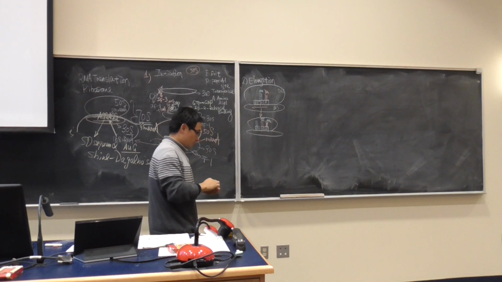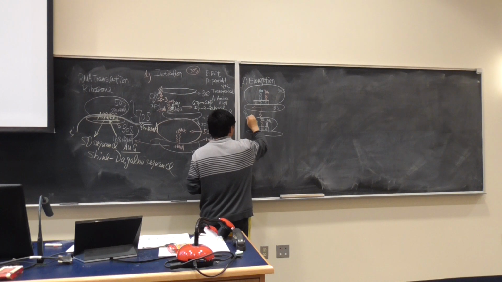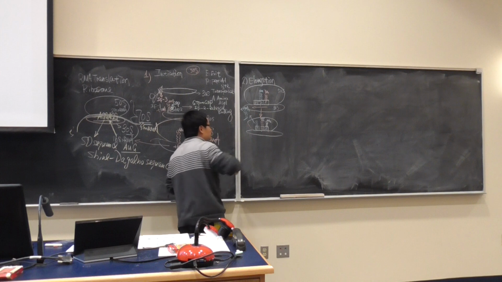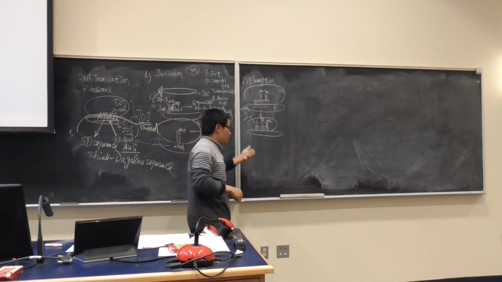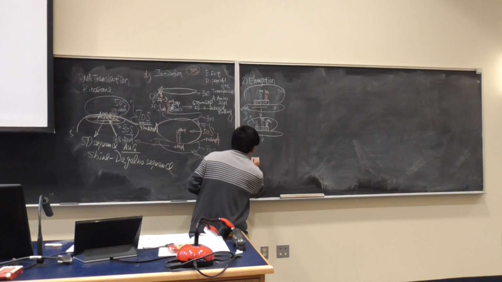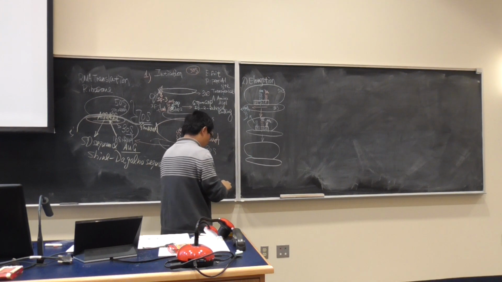So what's the next step? This tRNA is going to release, and then find another amino acid to carry on. We draw 30S subunits, 50S subunits.